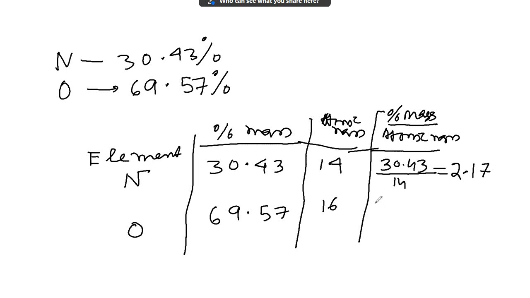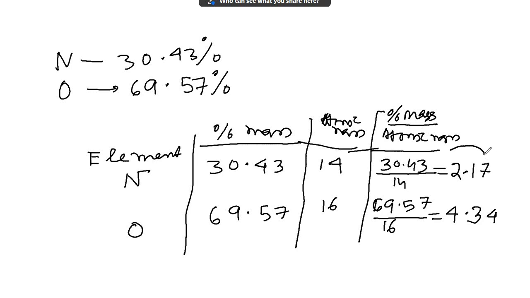And it is 69.57 by 16. Roughly 4.34. So the ratio of nitrogen and oxygen present in it is, now what are the simplest whole numbers?